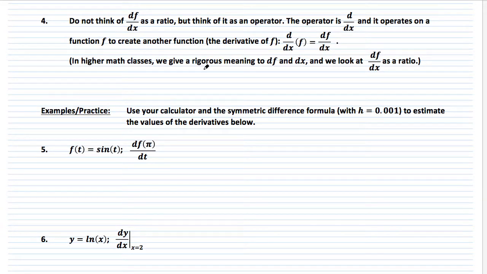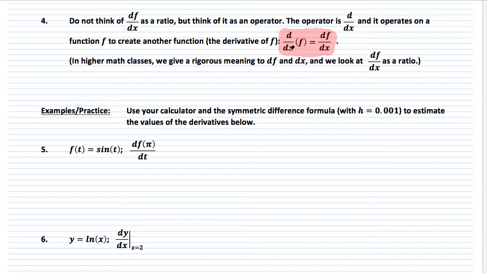Now, one other thing that's important is don't necessarily think of df dx as a ratio, but think of it as an operator. So you see right here, I'm going to highlight this in red again, that you have d dx. So d dx means to take the derivative of something with respect to x.